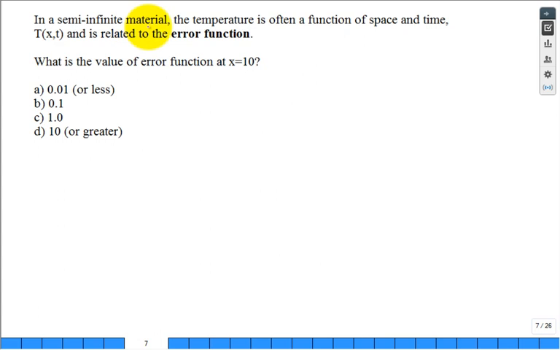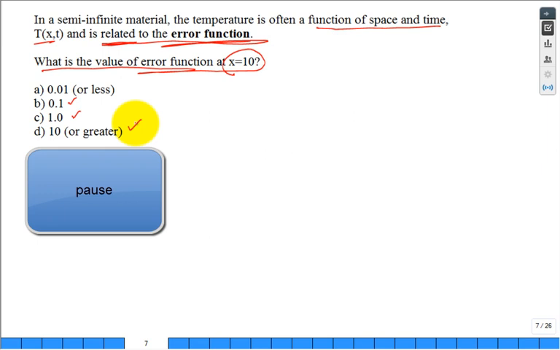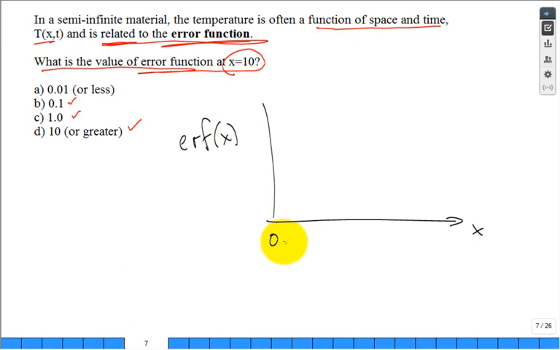In a semi-infinite material, the temperature is often a function of space and time, and it's solved in terms of the error function, the Gaussian error function. What is the value of the error function at x equal to 10? Is it 0.01 or less, 0.1, 1, or 10 or greater? The error function, if I plot it as a function of x, ERF of x, starts at 0 and goes off.